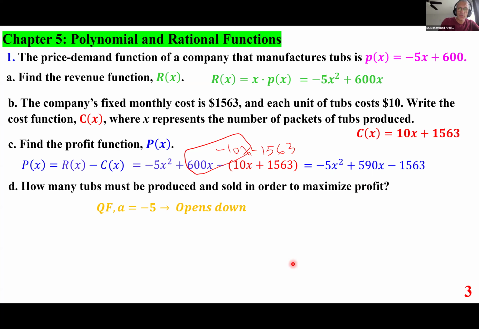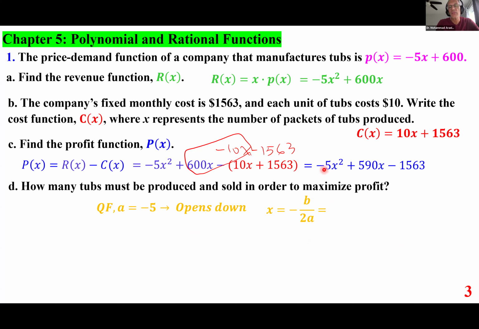So the graph is a parabola that opens down. The maximum occurs at x equals minus b over 2a. Remember, a parabola that opens down has a maximum. X is minus b over 2a.